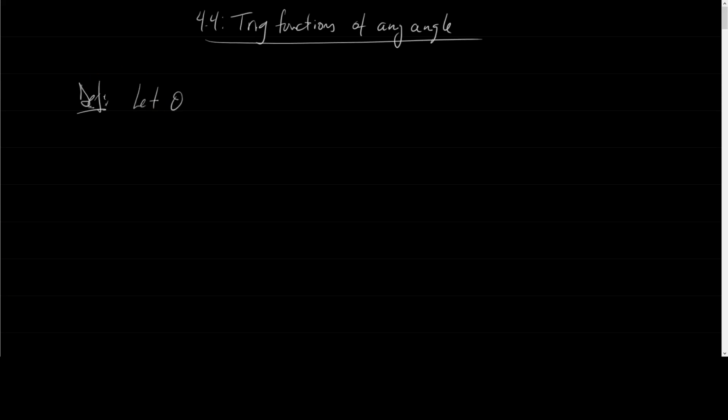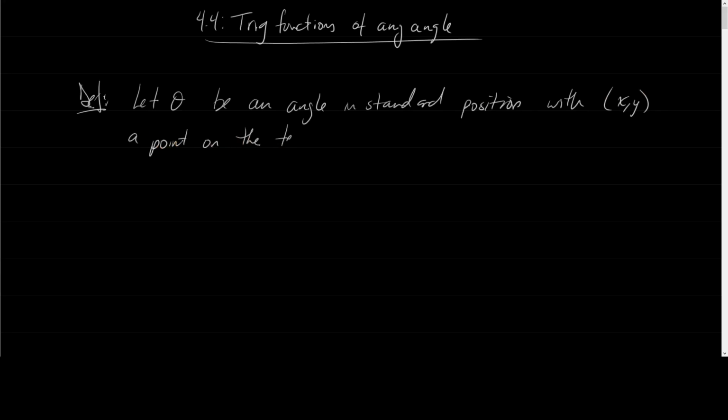Let theta be an angle in standard position with the point x, y being a point on the terminal side of theta, and let r be equal to the square root of x squared plus y squared, and let that not be equal to 0. All right, so we don't want r to be equal to 0.